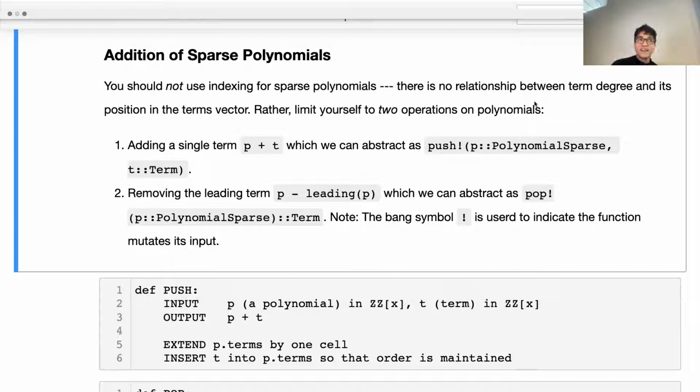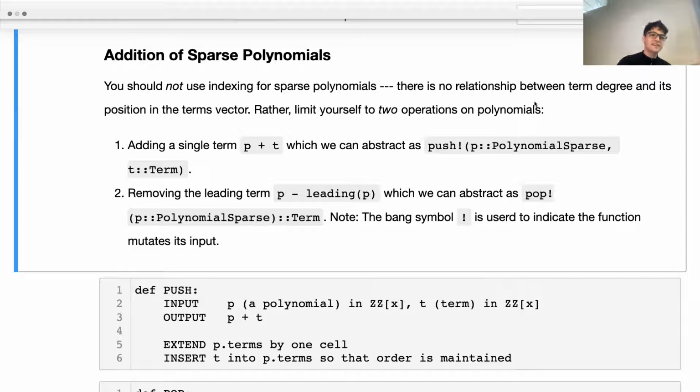So instead, I want to consider what will happen if we implement a sparse polynomial and just limit ourselves to two operations, which you may see littered through your implementation already, and that is pushing something and popping something. Pushing generically means to add, in this case, a term to the term vector, and popping means to remove one.